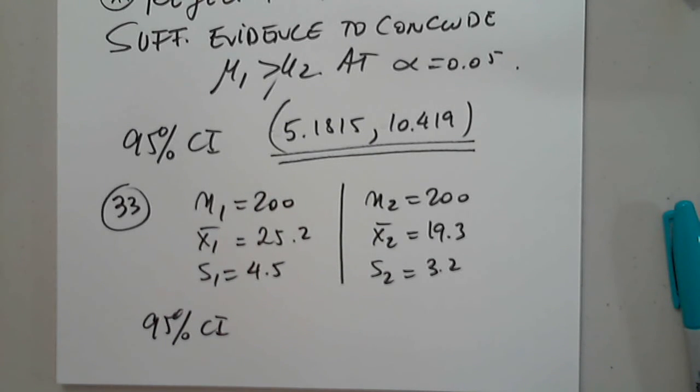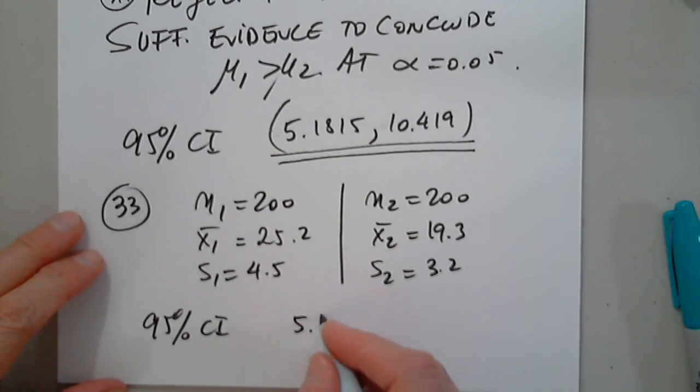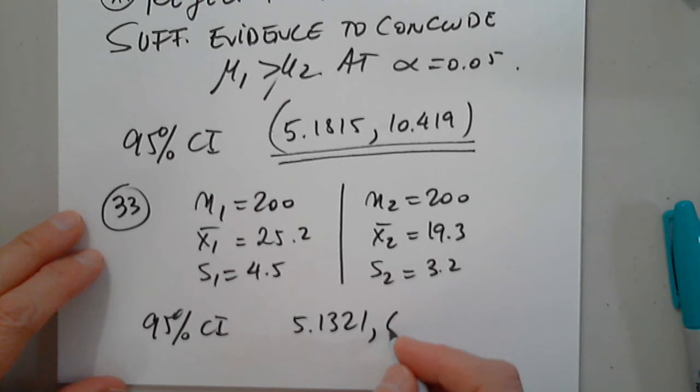And then x bar 2 19.3, and S 3.2, and 200 again, and they still want 95. So let's calculate. So 5.1321, comma 6.6679.